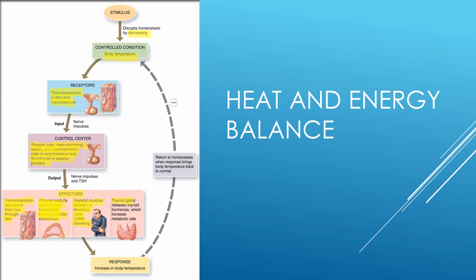And then the thyroid gland releases its thyroid hormones, which will also increase metabolic rate. All of these effects work together to increase body temperature and bring us back to homeostasis.